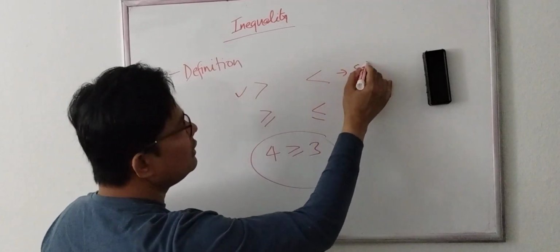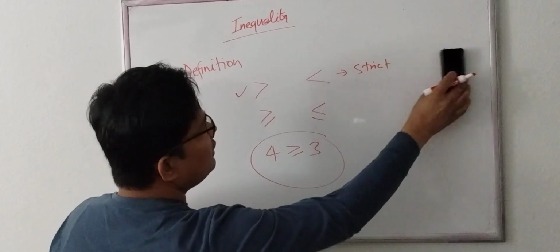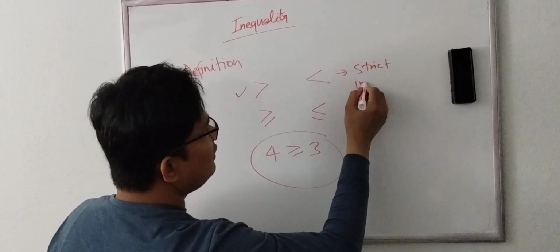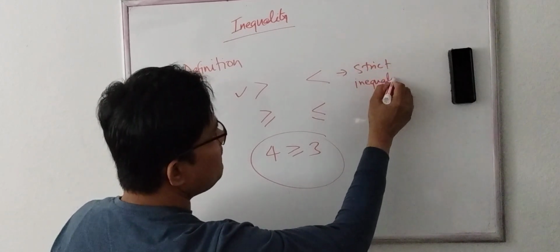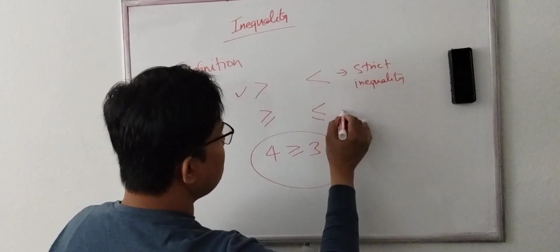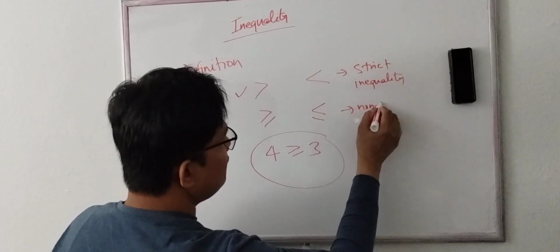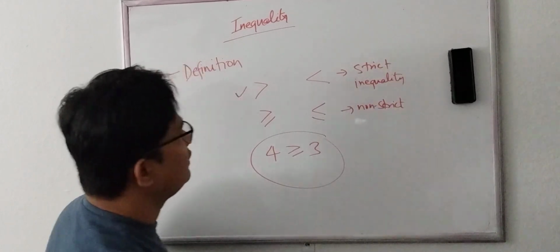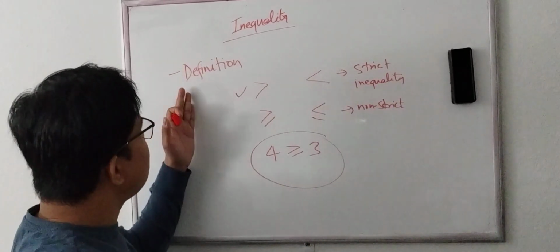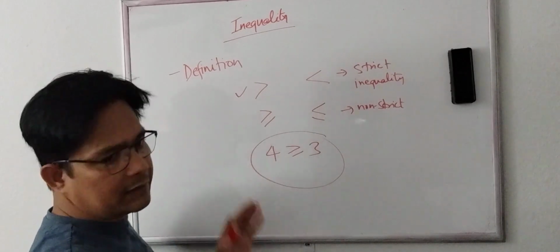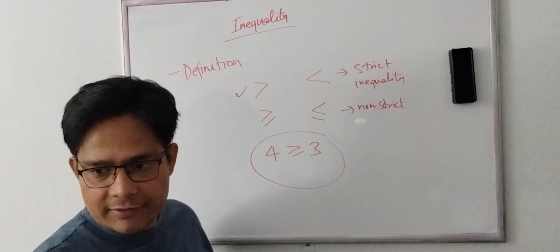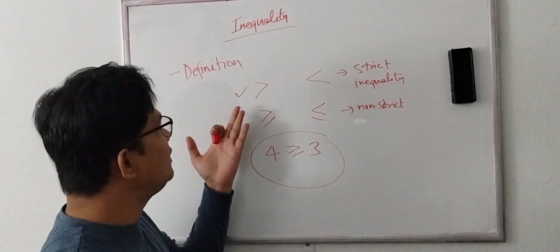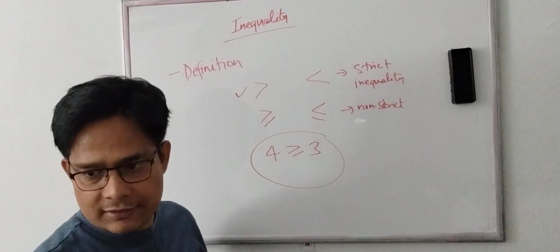This is called strict inequality, and this is called non-strict. So the definition of inequality is nothing special. For equality you have the equal sign, for inequality you have greater or less than.